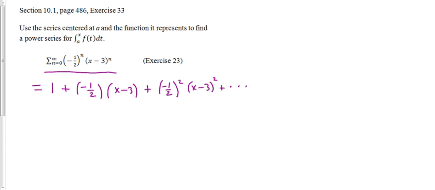By this point, we should be able to recognize that this is a geometric series. Remember that we represent a geometric series as a over 1 minus r, and that converges for the absolute value of r less than 1.